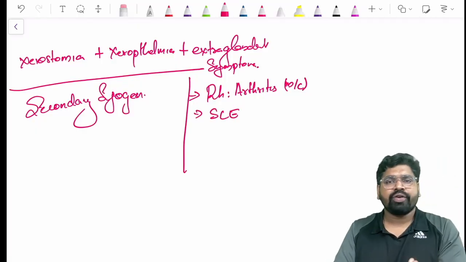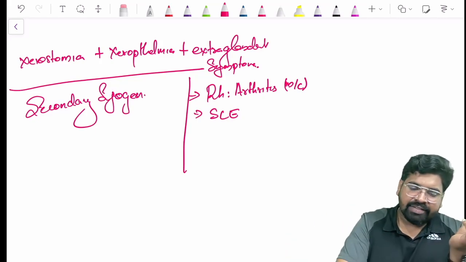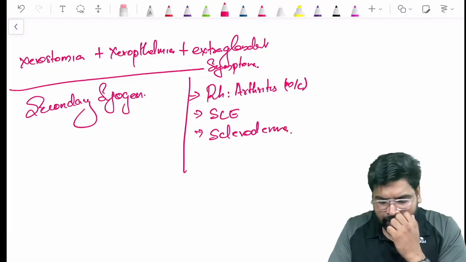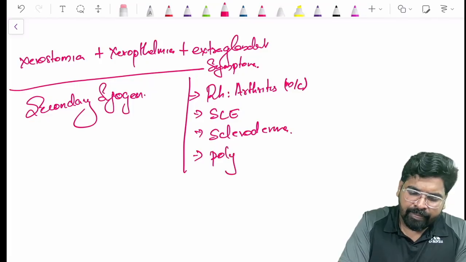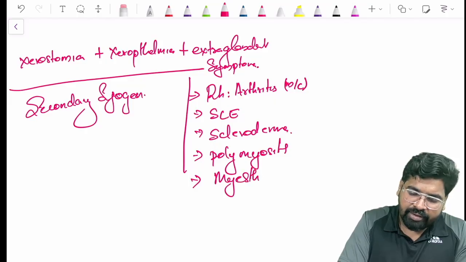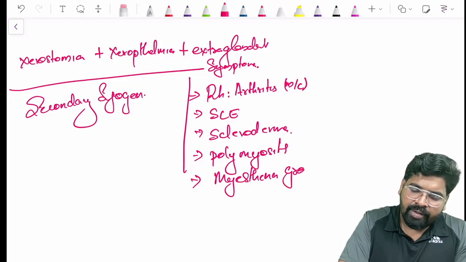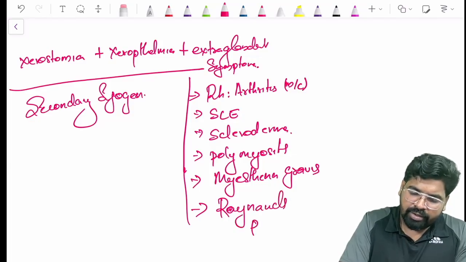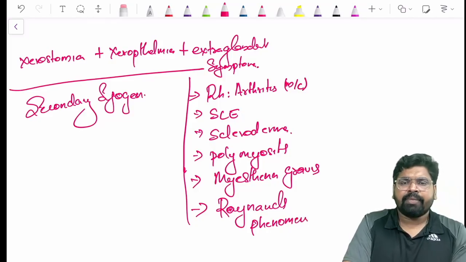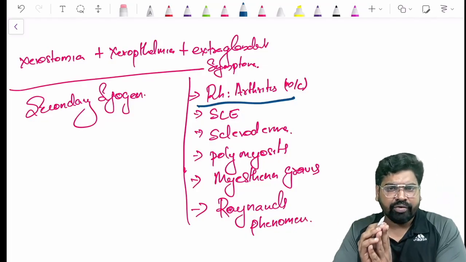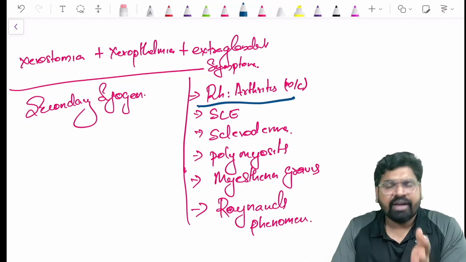These are all autoimmune disorders and all can be seen. Most commonly, rheumatoid arthritis. Please note it, that was a previous year NEET question. So this is secondary Sjogren.